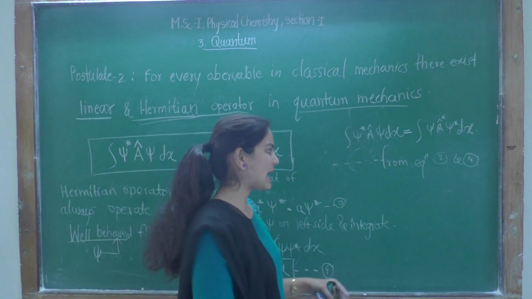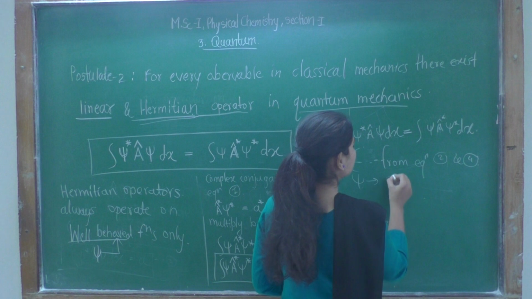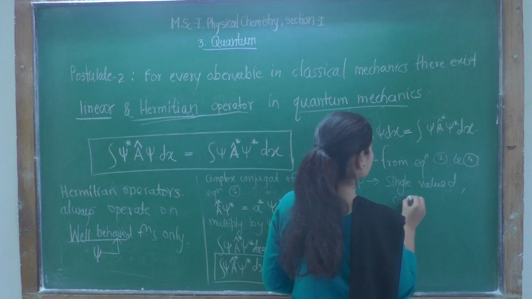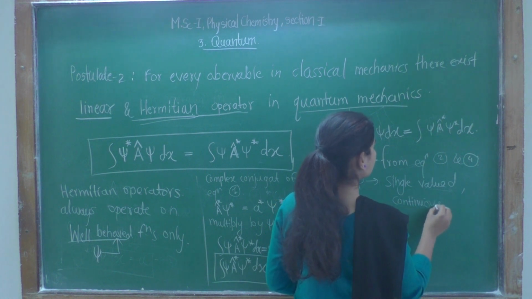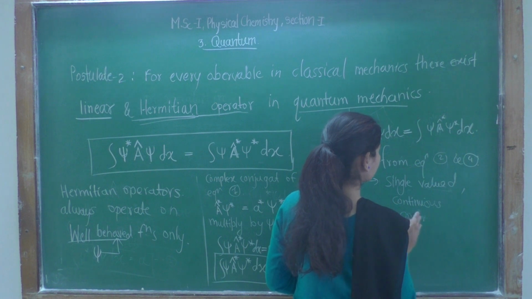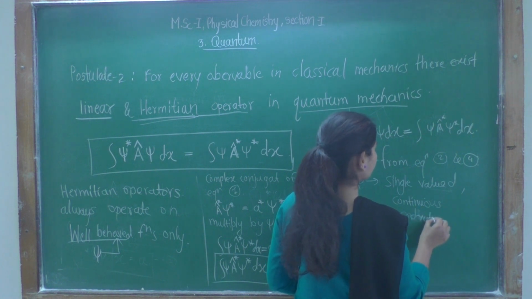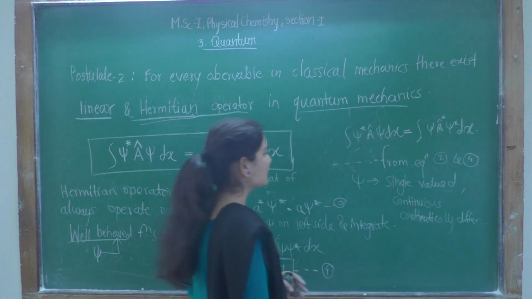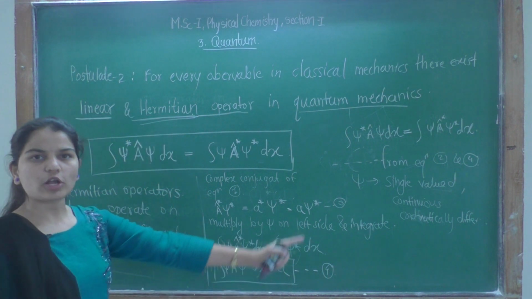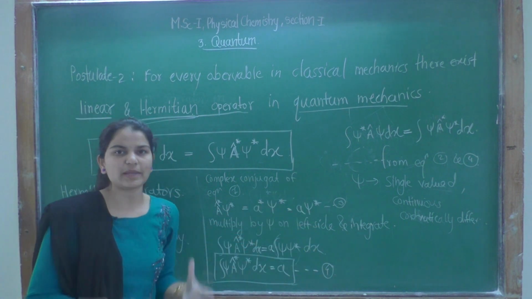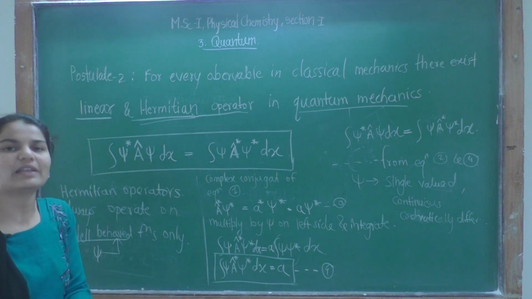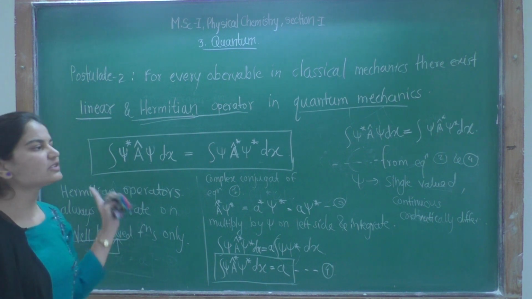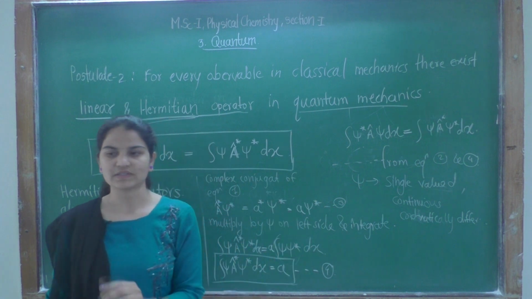In that we mentioned that psi should be single valued, continuous, and quadratically differentiable. The function which follows these conditions is called a well behaved function, and in quantum mechanics only well behaved functions are used, and a Hermitian operator will always operate on such well behaved functions. That's it.